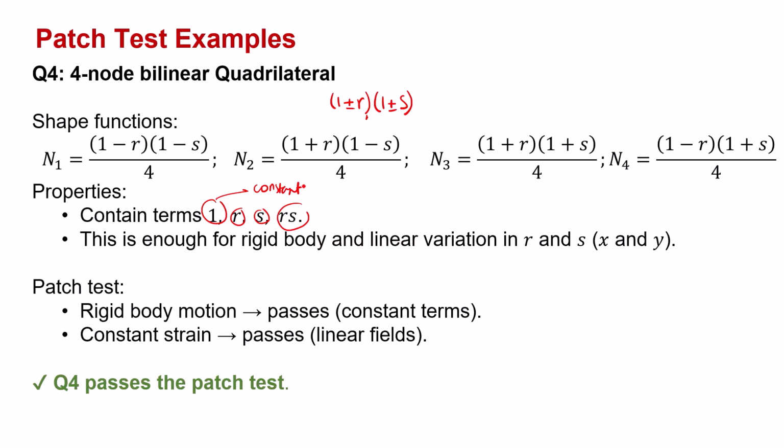For a constant strain state, the element must reproduce linear displacement fields. Because the bilinear interpolation includes the terms r and s, the resulting strain is constant, so this test is also passed. Therefore, the 4-node bilinear quadrilateral passes the patch test and is a convergent finite element.